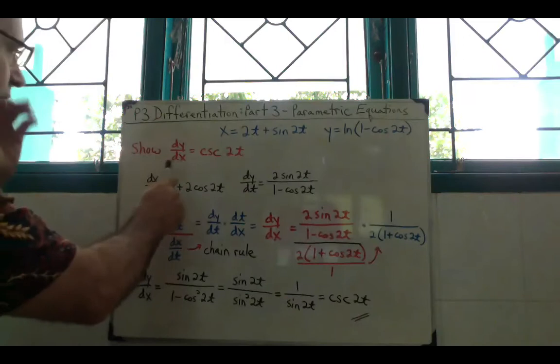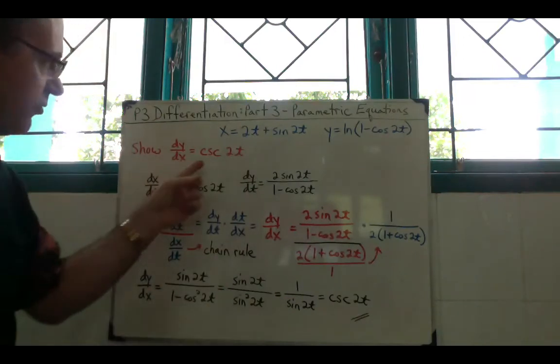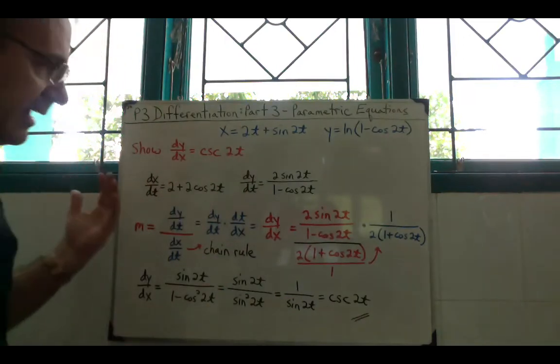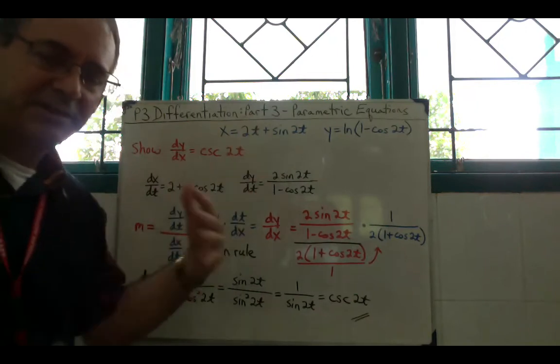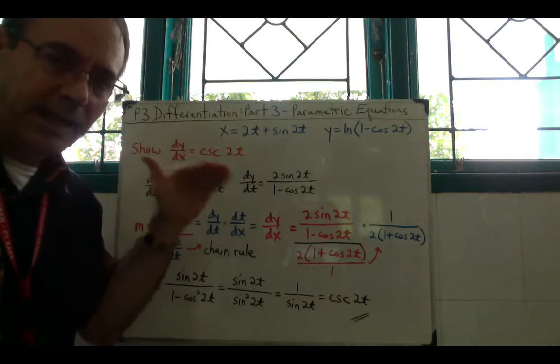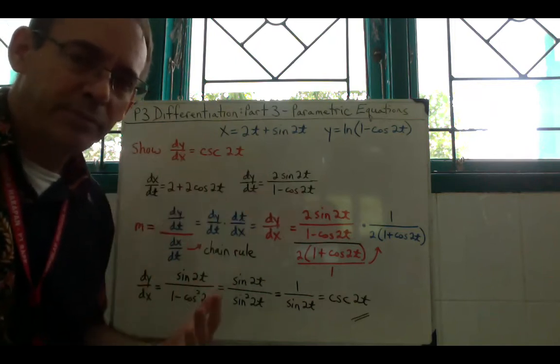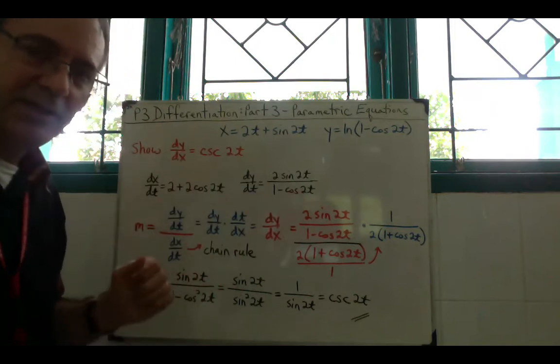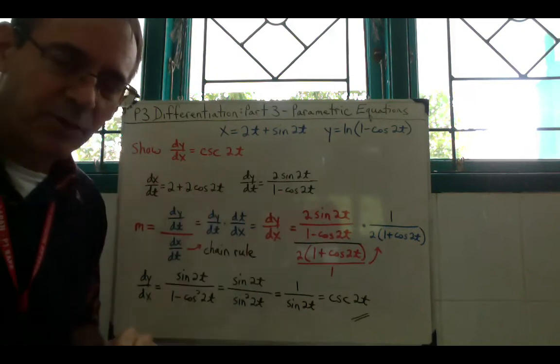Okay, so show that dy/dx equals cosecant 2t. As we get into these more lengthy line by line problems, in this video I've already done the work.